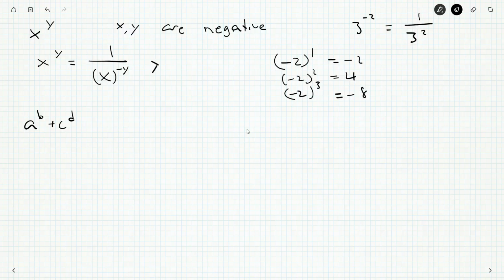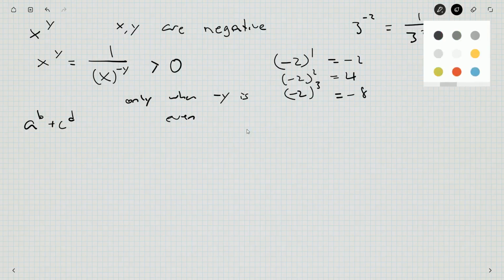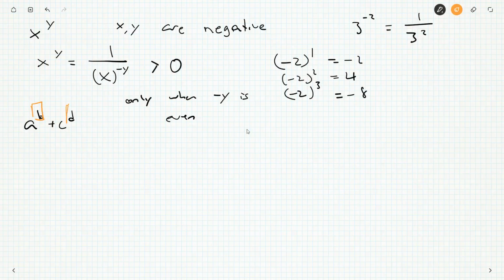So this thing here is going to be positive only when -y is even. That limits the things that we can put for b and d. We want them to be even numbers so that a to the b and c to the d are positive.